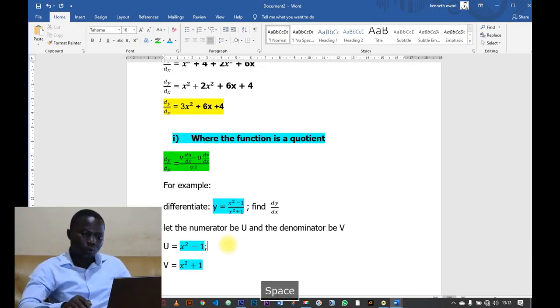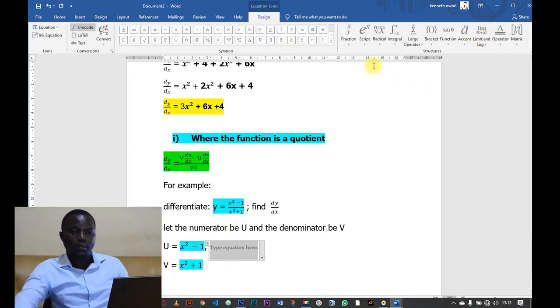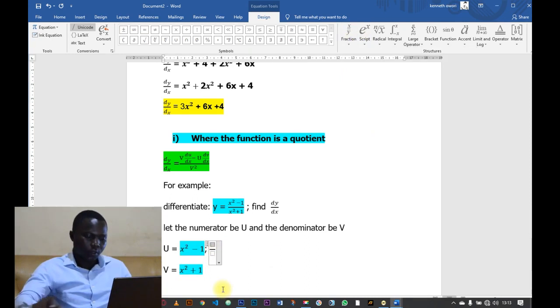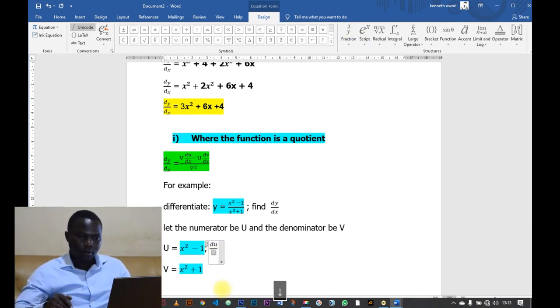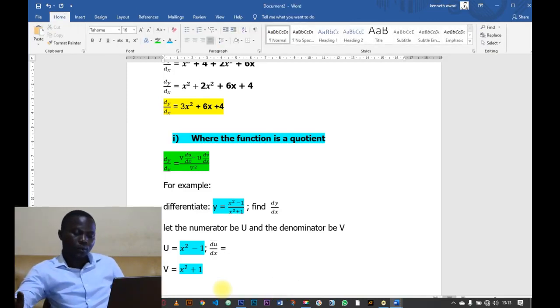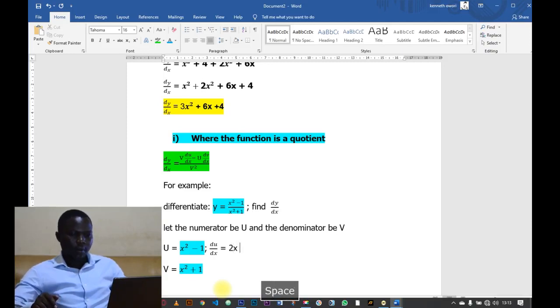So from u equaling x squared minus 1, du dx would be obtained by differentiating x squared minus 1 with respect to x. If you differentiate x squared, as we've been following, we get 2x.